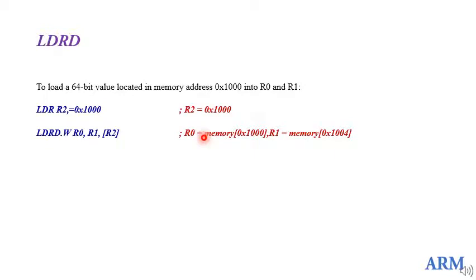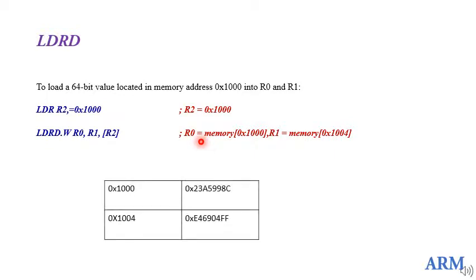If you see the memory picture, suppose in 0x1000 I have this data, 23A5998C. This corresponds to 8 hex digits, so it is 32 bits, right? This data is going to be loaded into R0 after the execution of this instruction. R2 is holding 1000, and at that memory location is this data.